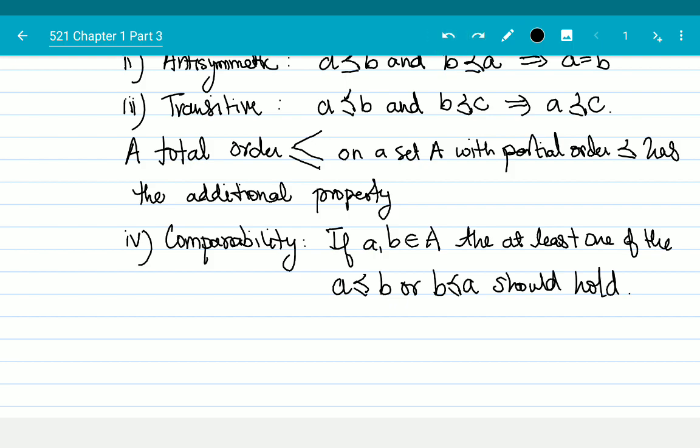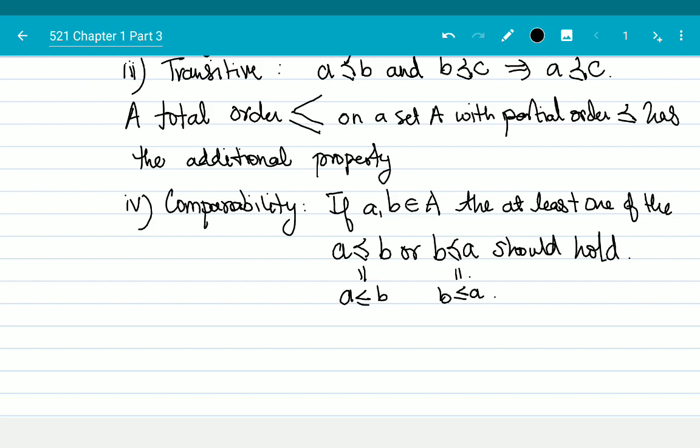Whatever, you get the point. So this should hold for every A and B. Then this is a total order. Okay, and we can write this as A smaller than or equal to B, or B smaller than or equal to A, right?